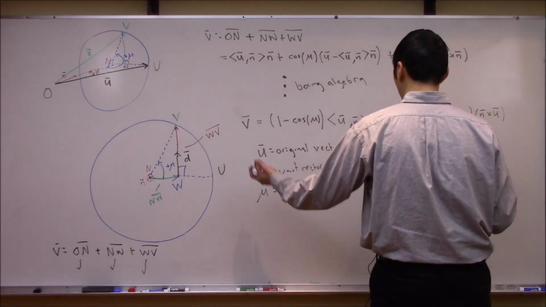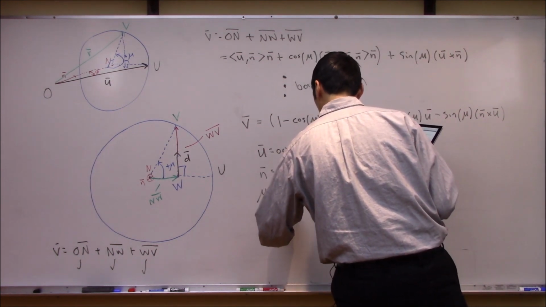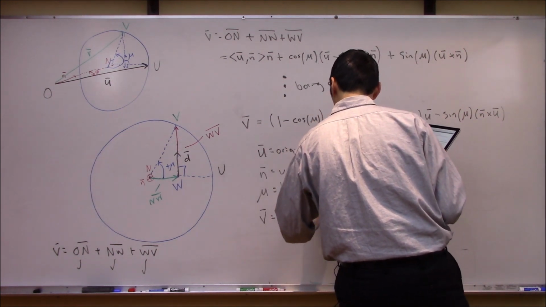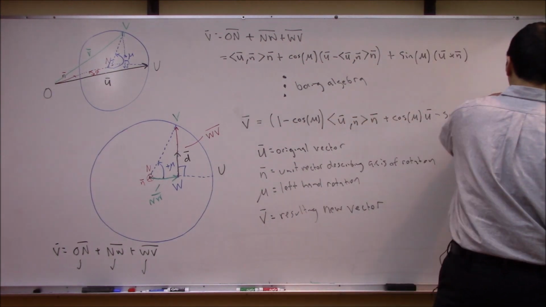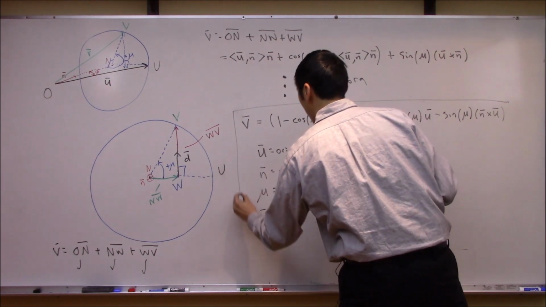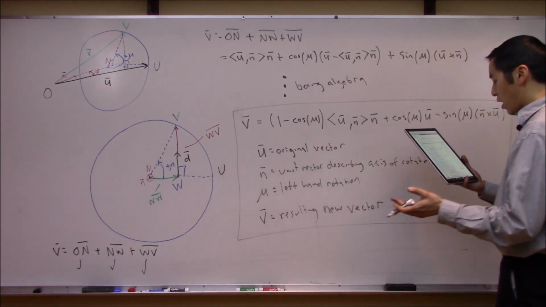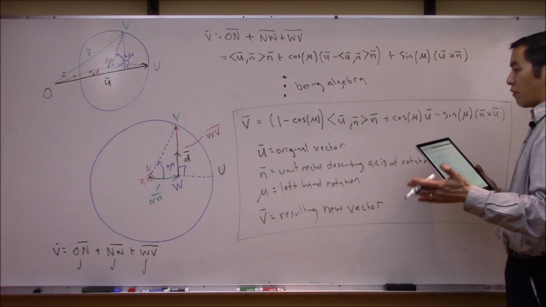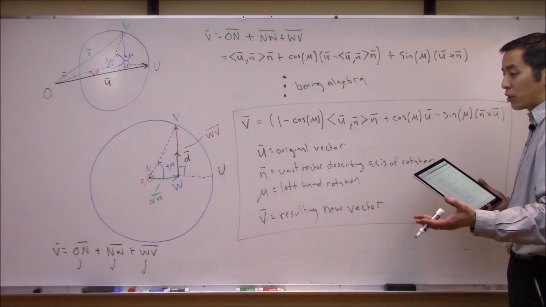Right? I think that's it. And then v is going to be the resulting new vector. So let's box this up because this is basically Goldstein's rotation of a vector formula here, which is very, very helpful for rotating vectors about an arbitrary axis here.